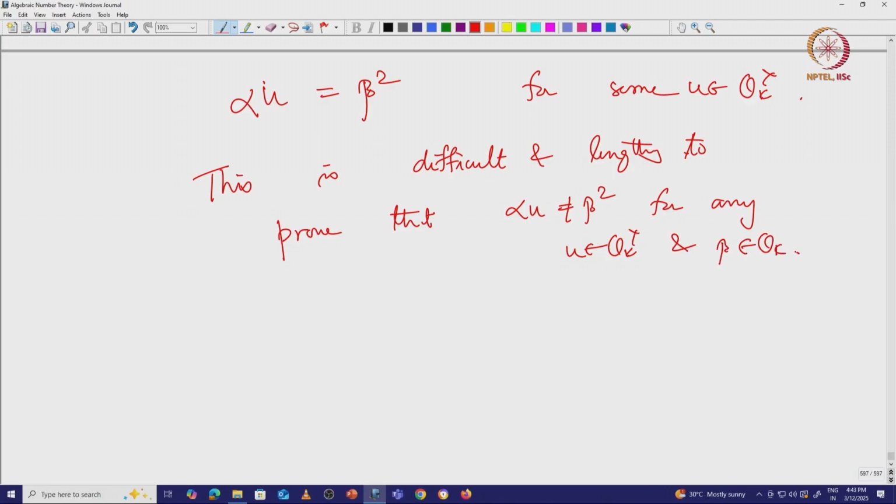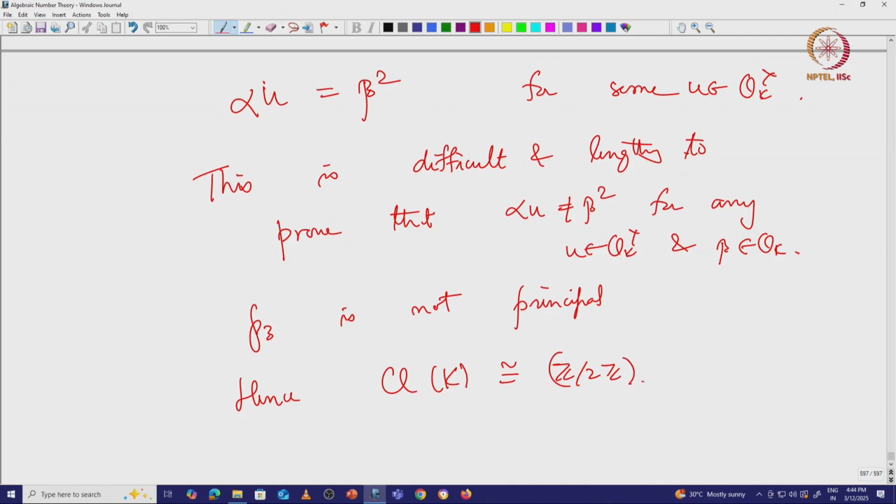Okay. So, anyway, this means that P3 is not principal, hence the ideal class group of K is isomorphic to Z mod 2Z.